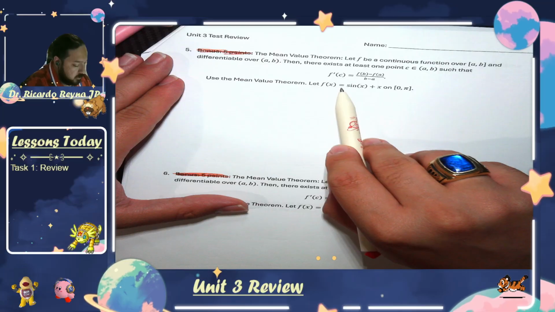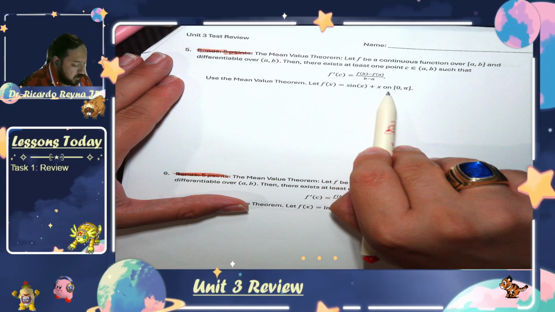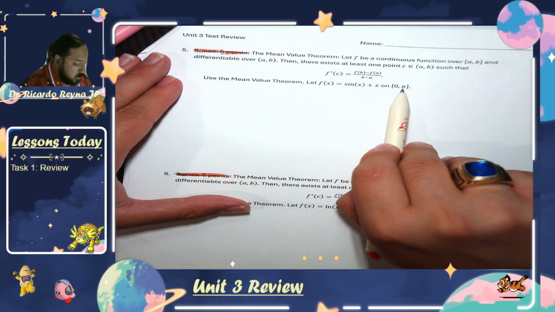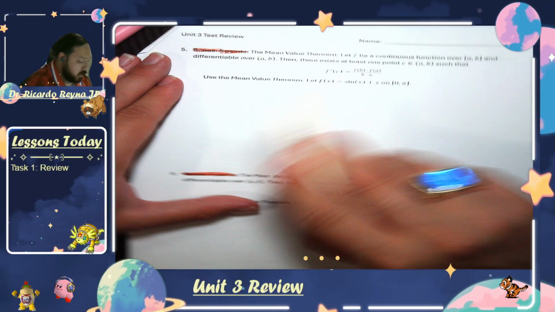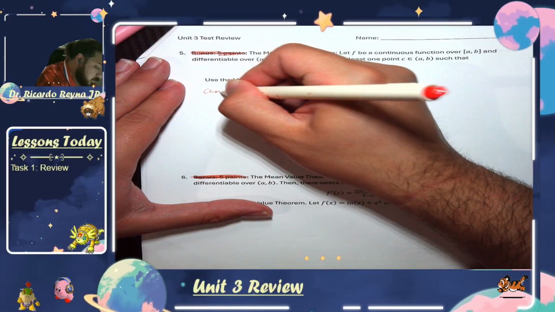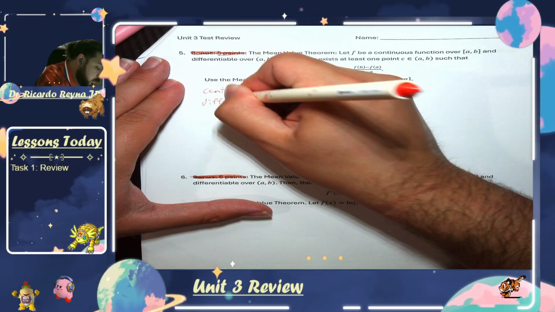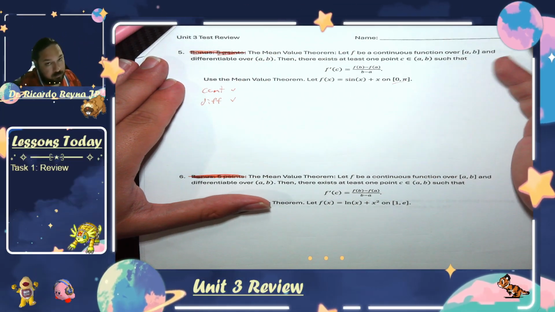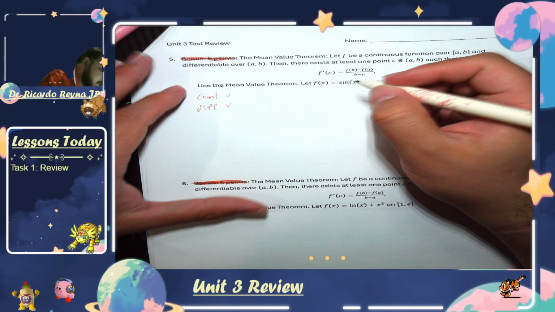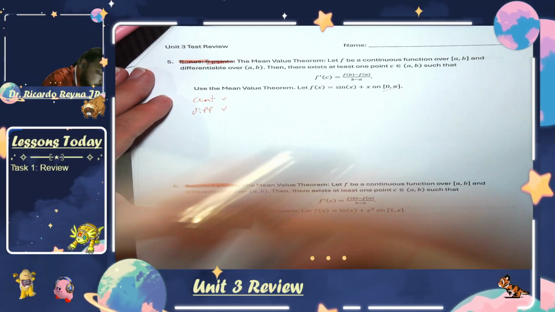Let f of x be equal to sine of x plus x on this interval. So we know that on this interval it is continuous, or it's continuous in general, and it's differentiable in general, but especially on the interval. So we can go ahead and figure out the endpoints.